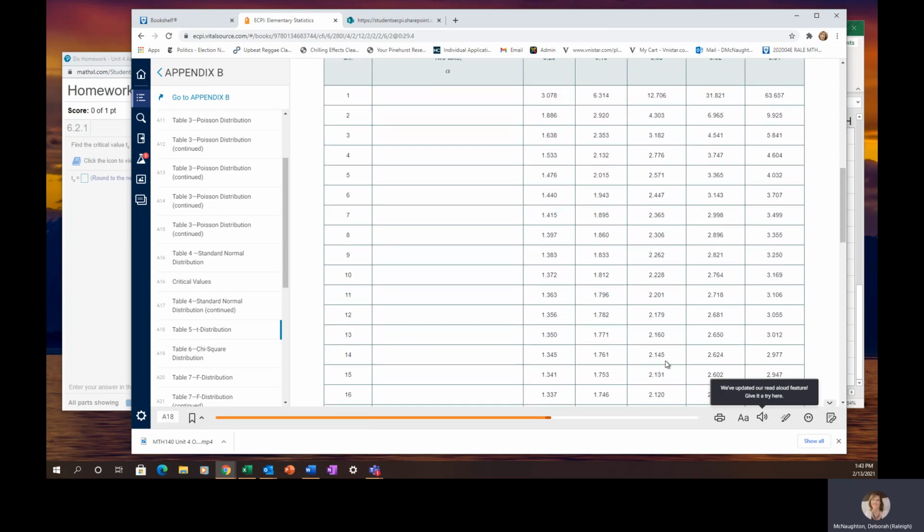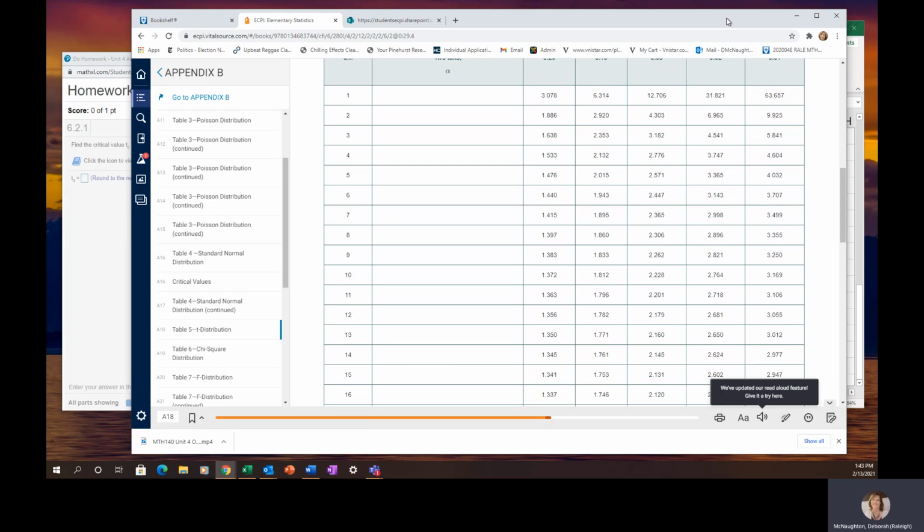And my t_c would be 2.145. So I would put this 2.145 into my error formula instead of z. Remember, for the standard normal, the z_c for a 95% confidence interval is 1.96. So this is bigger because the t interval is wider.